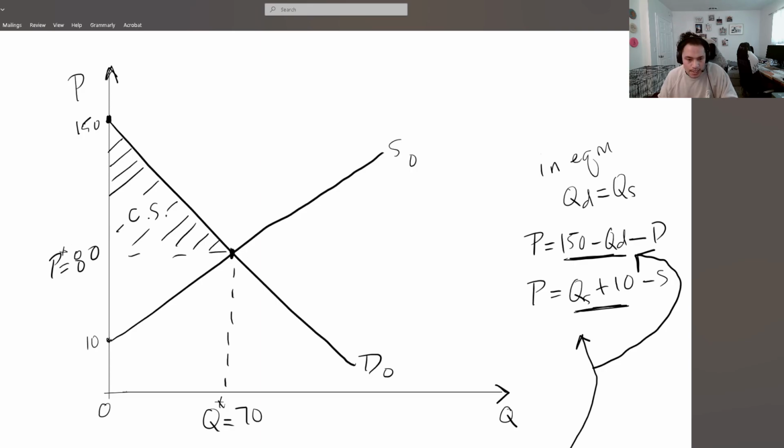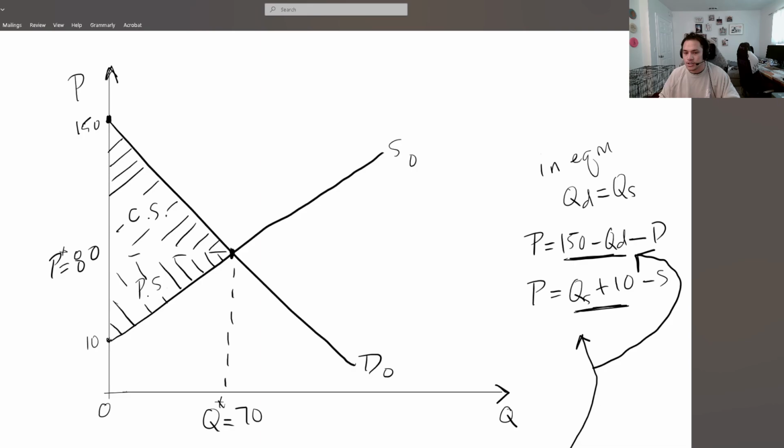On the other side, our rule for producer surplus is everything above the supply curve and below the equilibrium price, all the way up until our equilibrium quantity. We have a couple sellers down here who are willing to sell the textbook at, let's say, $30, $40, $50, but they get to sell it at the market price of $80.